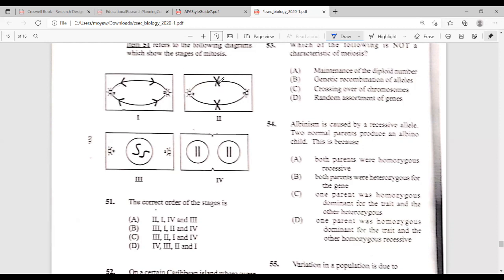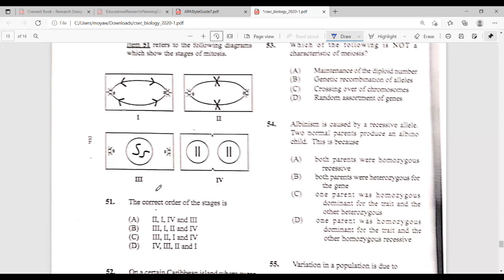Then in II, we can see that they're at the equator, at the center. And then for III, we realize that they're in the center, inside the nucleus, and they're not together. So they're just chromatids. And then for IV, we realize that we have 2 different cells.